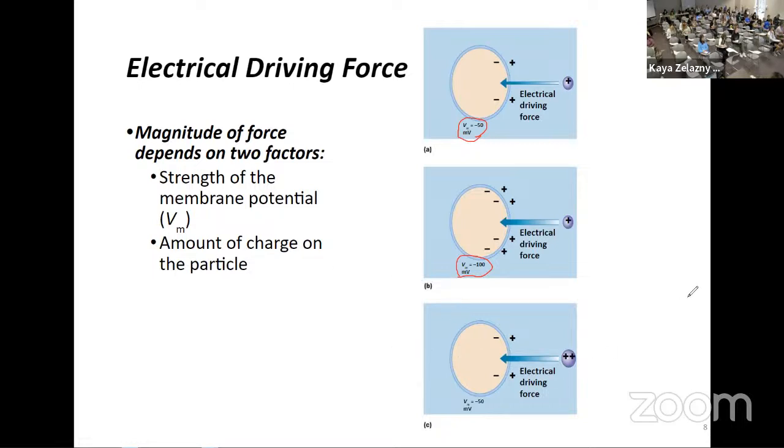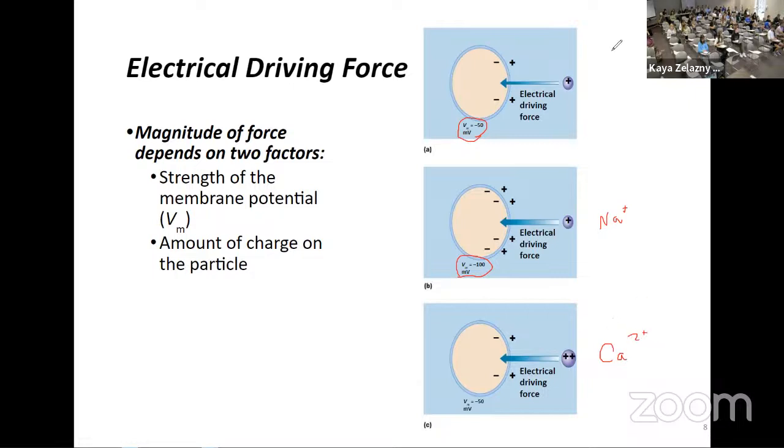I like to use sodium a lot because I'm trying to beat that into your heads, because we talk about sodium all the time in physiology. It drives pretty much everything that's happening in your body. But we will see other ions. Sodium has just one little plus sign, but things like calcium are 2+.